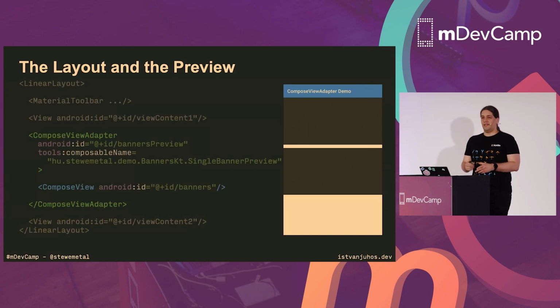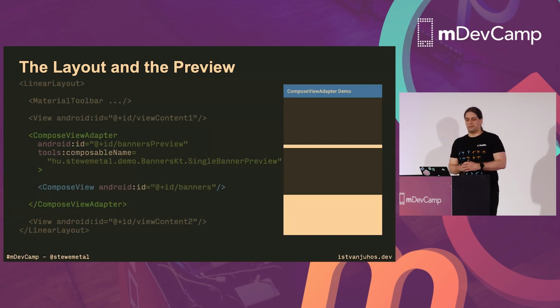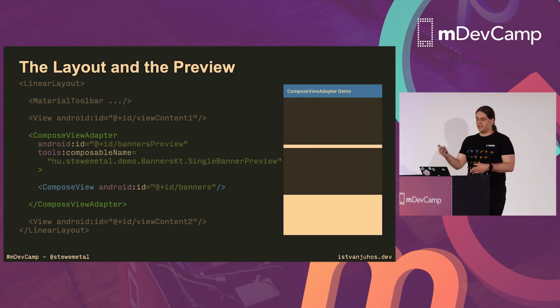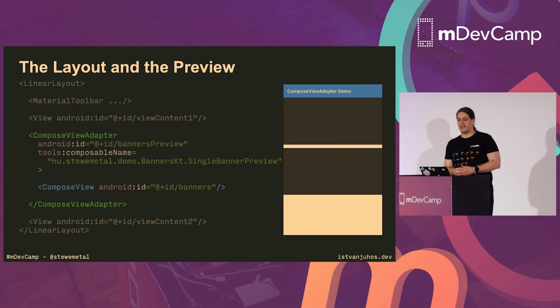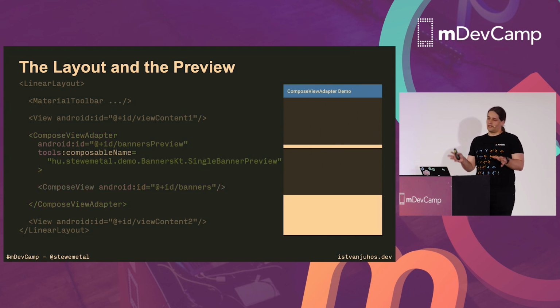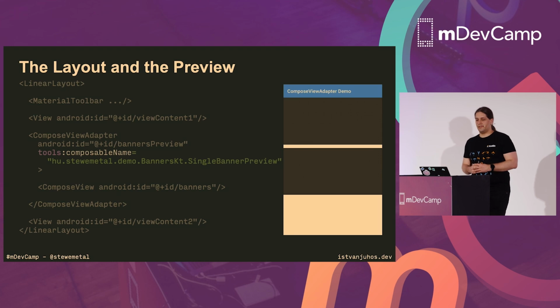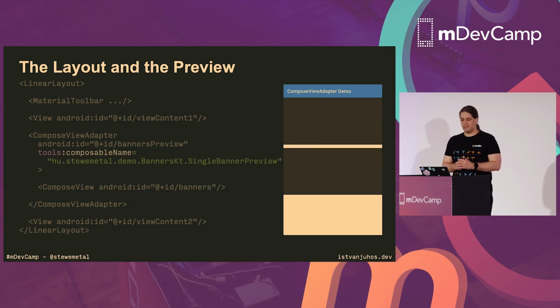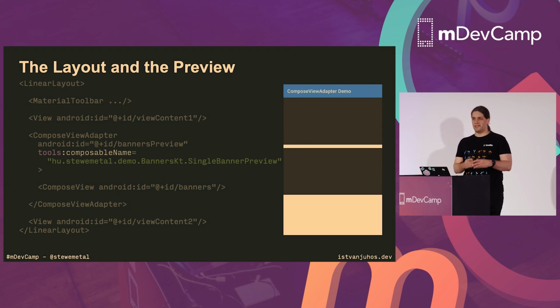OK, so now we wrap our compose view with a compose view adapter, which in the layout inspector, so just in tooling time, we'll be able to render something into the layout preview. There are a couple of attributes that we can use for compose view adapter. One of these, the most important, is tools:composableName.